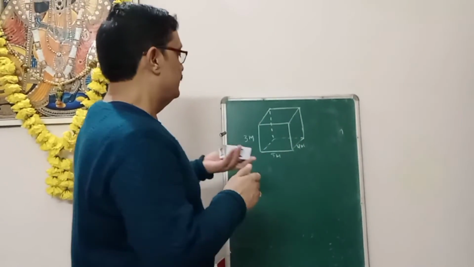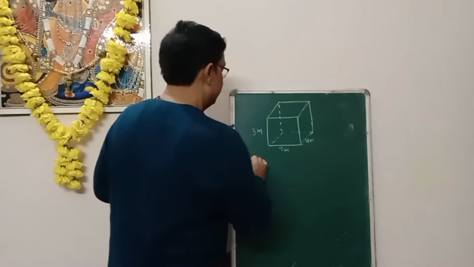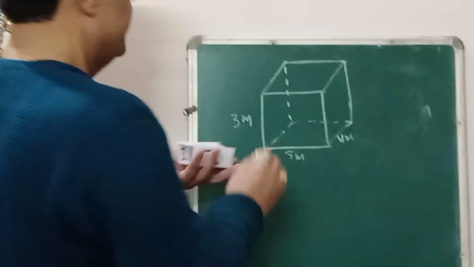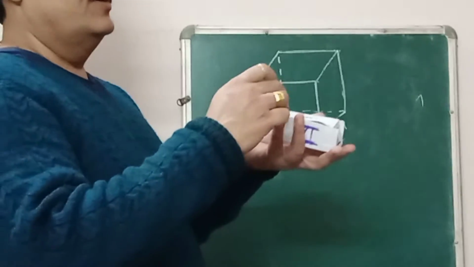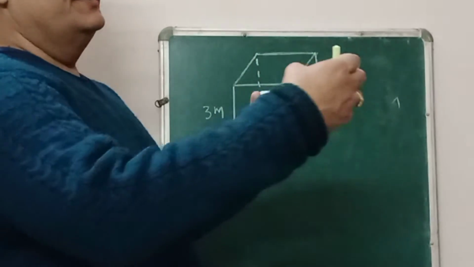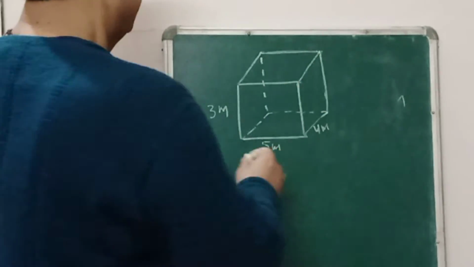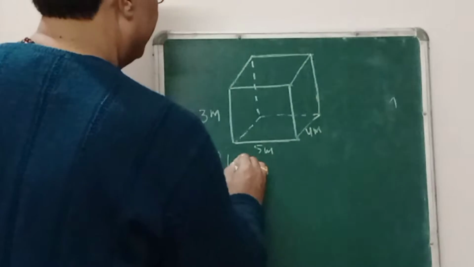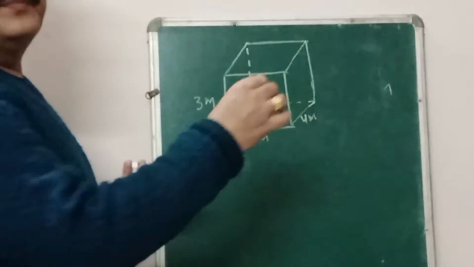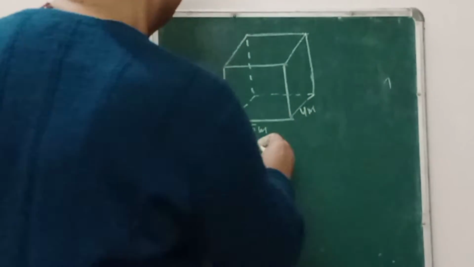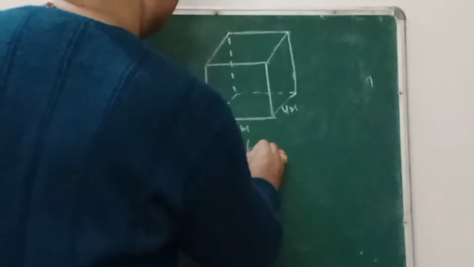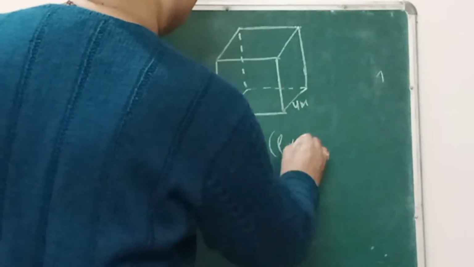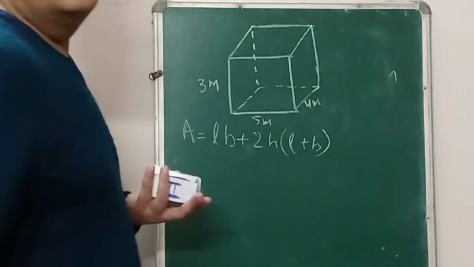So what will be the required area? What will be the top? Top is again L into B. Top is LB plus the lateral surface area. Lateral surface area is 2H(L plus B).